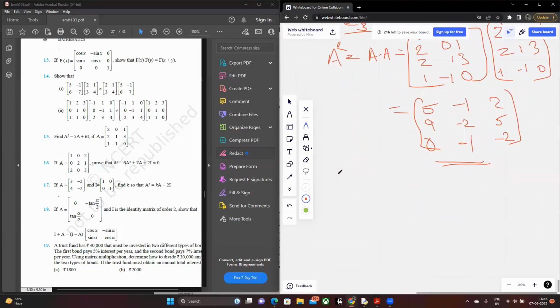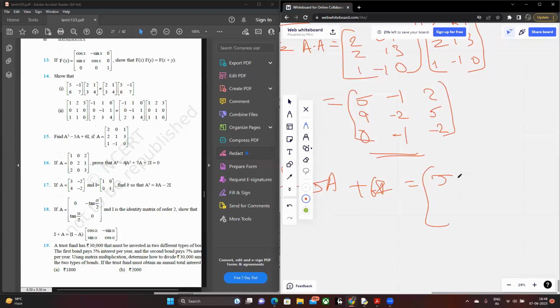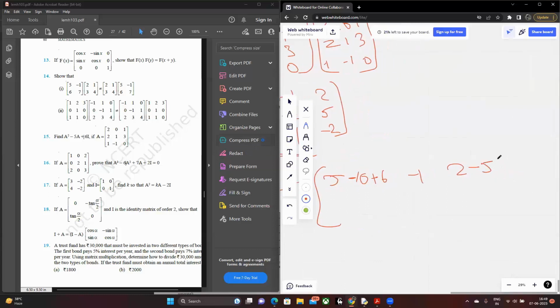Therefore, your expression A squared minus 5A plus 6I is basically equal to the matrix of 5 minus 5 times A, that is basically 5 into 2, that's 10. This is 5 minus 10 plus 6. Here it is going to be minus 1 minus 0, that is minus 1. And you have over here 2 minus, this is 5 times 1, that is 5.